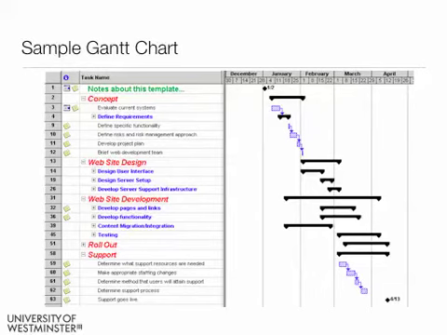If we look at the Gantt chart, we know that the concept is being worked on between the 4th of January and the 1st of February. Below that we can see there's related tasks, and this is illustrated by the arrows. We have to do the evaluation of the current system before we define the requirements of the new system, for example.